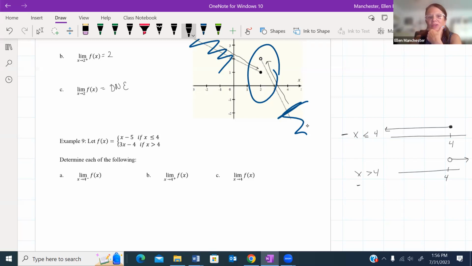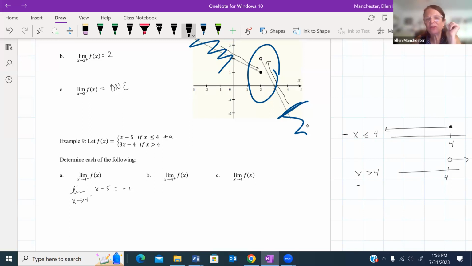So what that tells you is you can only use the first one for A, because the second one has no values to the left of 4. The only values left of 4 are x minus 5. So you can rewrite this as the limit as x approaches 4 from the left of x minus 5. And then again, it's just plug and chug. So 4 minus 5 is -1.